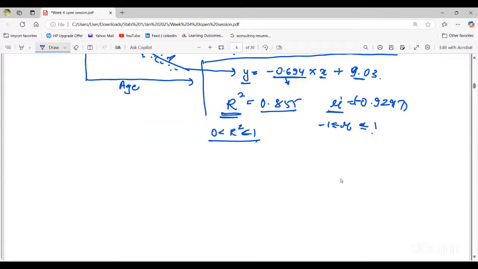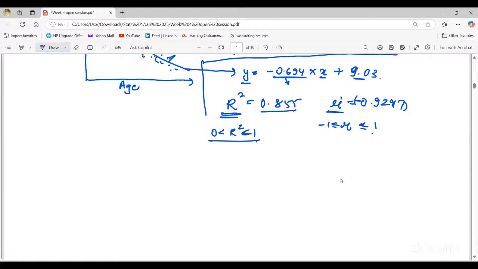Ma'am, can't we write big R square as small r square? No, no. This is the representation of R square.